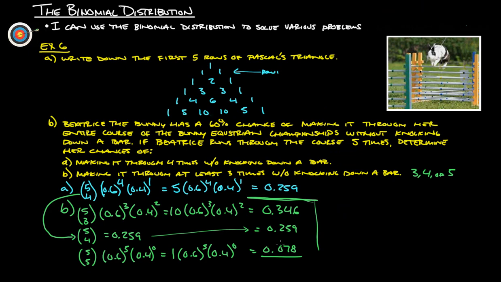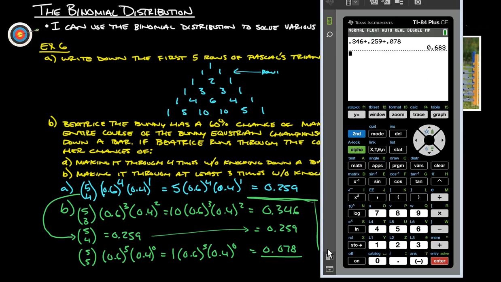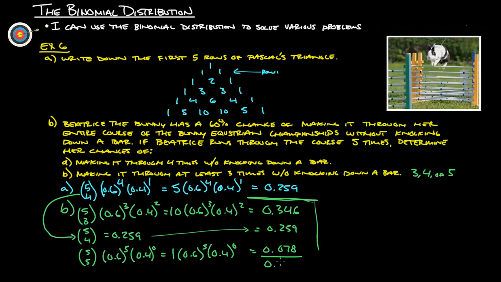Add those all up, and that will be the probability that they will make it through at least 3 times without knocking down a bar. Putting that in the calculator, we get 0.683, so 68.3% of the time the bunny will make it through at least 3 times without knocking down a bar.